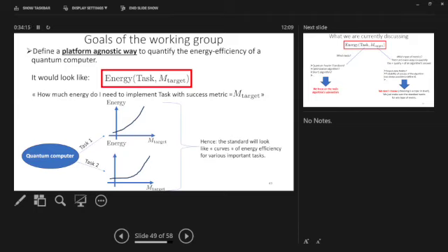In some sense, it's not the property of the computer, but of the algorithm that the computer implements. And I think it's not possible to go beyond that. It's also the case in classical computing, where they run benchmark algorithms. So the energy efficiency is not a property of the computer, but of the algorithm that the computer implements. Yes.